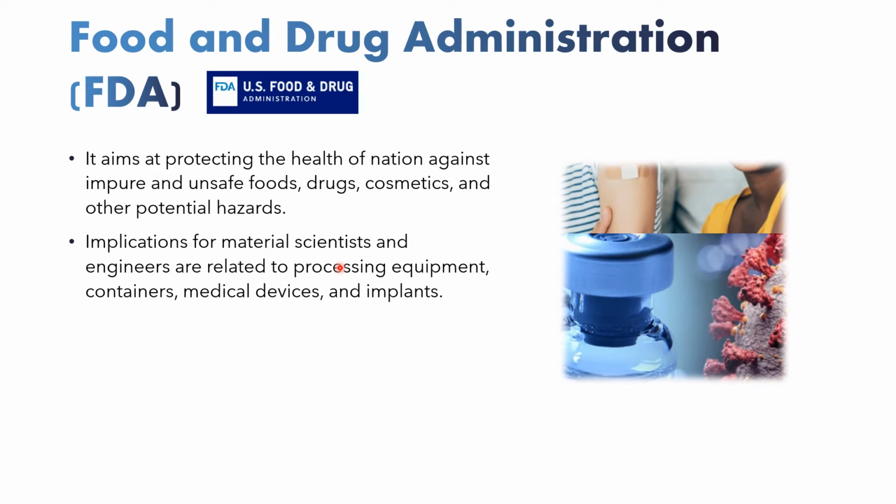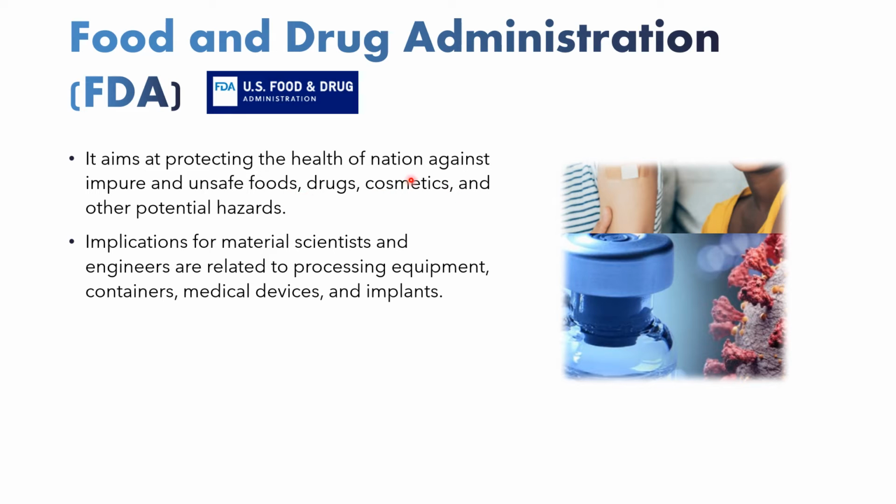The Food and Drug Administration is definitely in the name, for the public. What they're doing is protecting the health of the nation, so all Americans. They try to protect the food, the drugs, and the cosmetics, because they are made of chemicals, I would say biochemicals and chemicals all together.